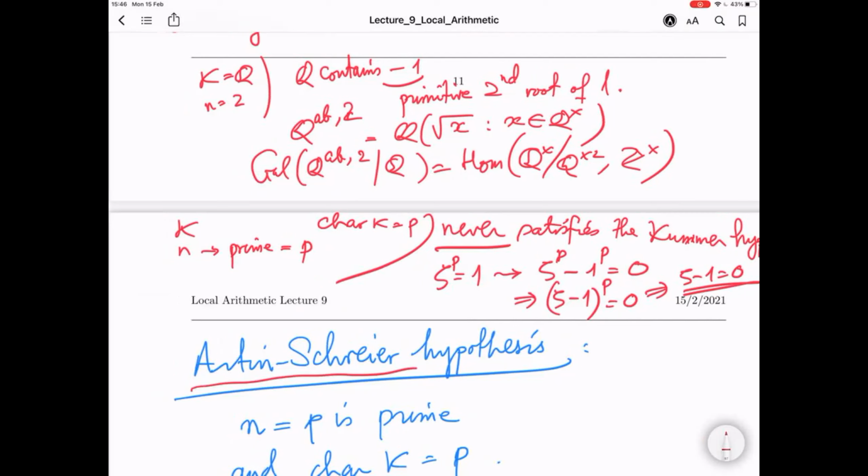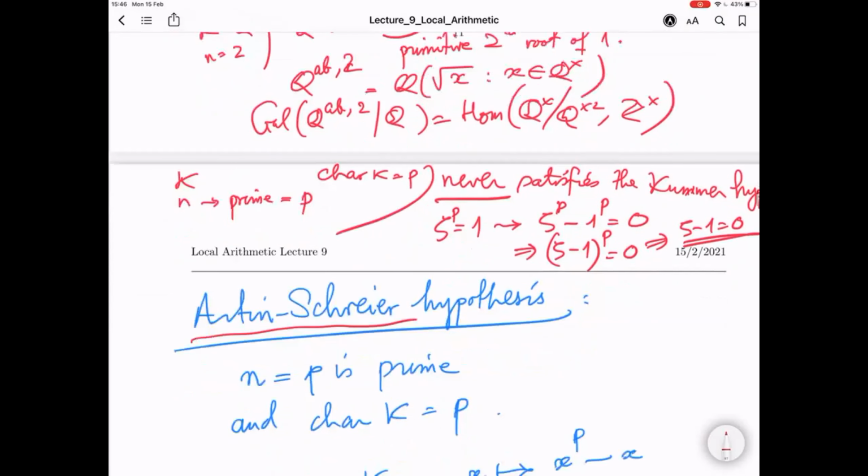But if k has characteristic p, it can never contain a primitive pth root of unity. So how about the maximal abelian extension of exponent p of a field of characteristic p? And that's what Artin-Schreier theory does.